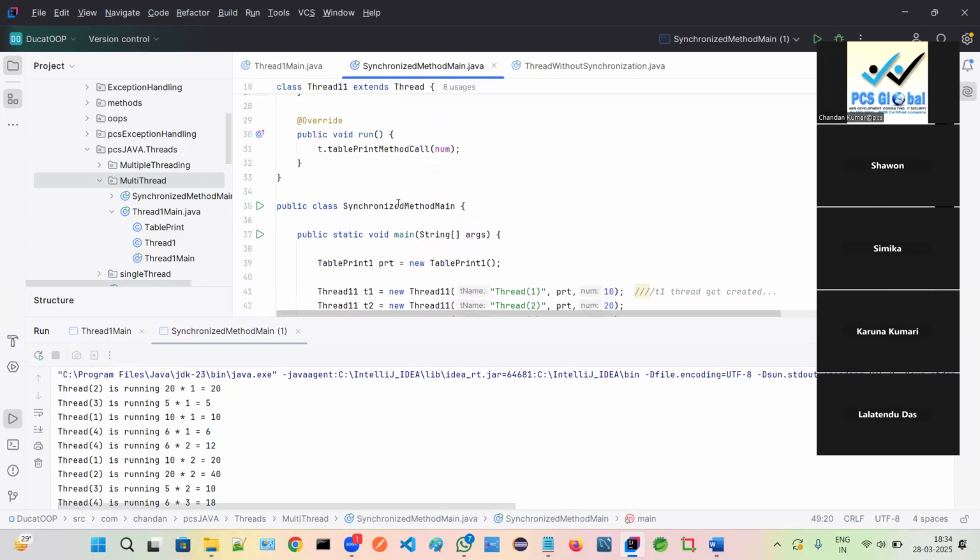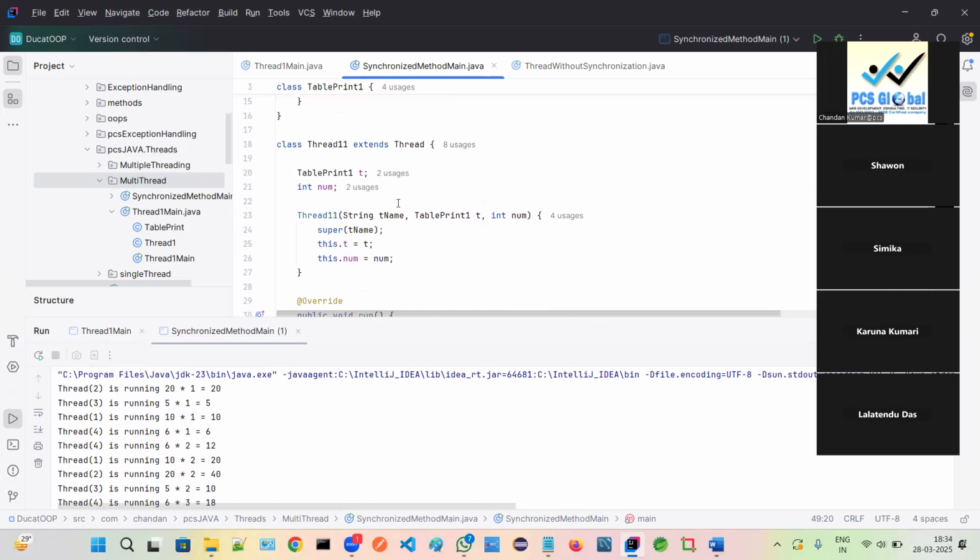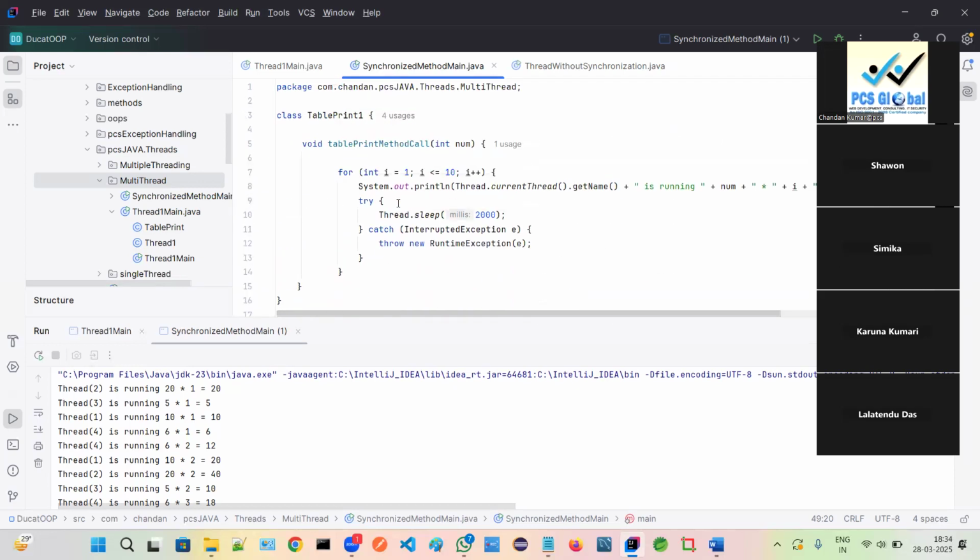That synchronization concept will put a kind of lock.